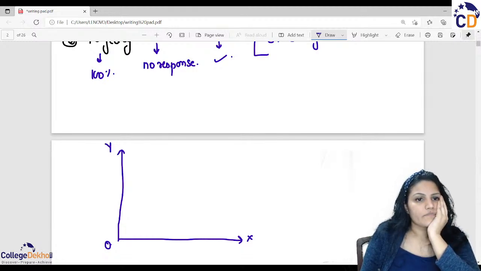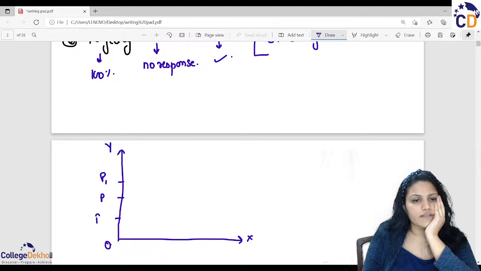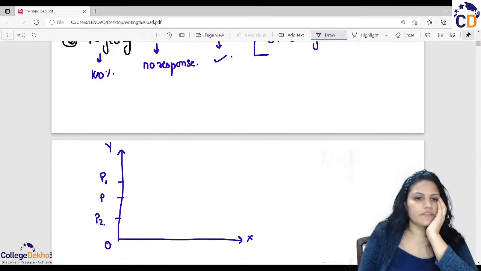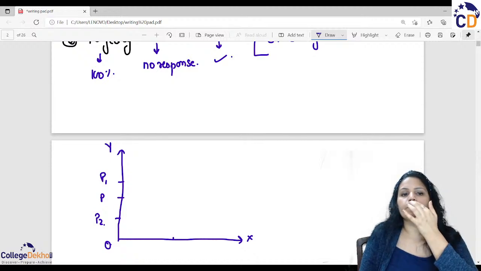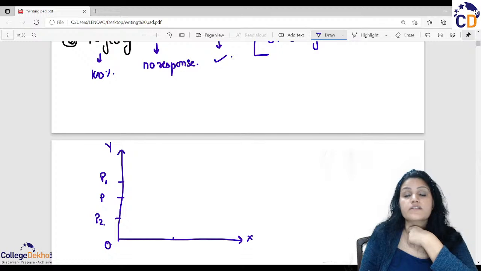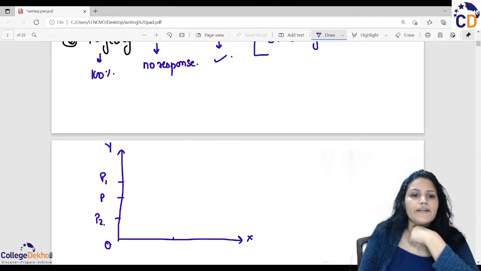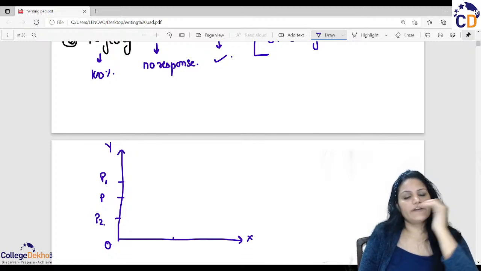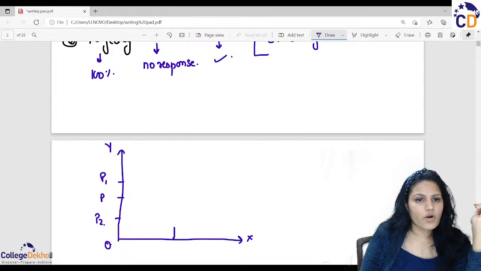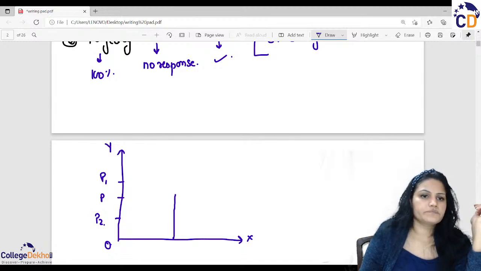Sometimes price will be P, sometimes P1, sometimes price is decreasing. But there is no change in the demand. That means demand is stuck at one point. No matter if the price increases or decreases, demand will always stay stuck there.